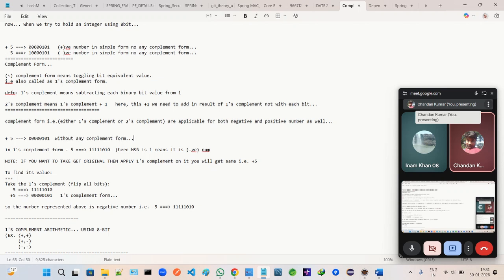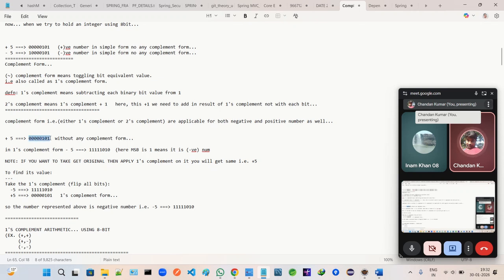Now we want to represent this plus 5 in one's complement form. How are we going to do that? First, we have to generate the binary equivalent of plus 5. So the plus 5 binary equivalent is this one, right?